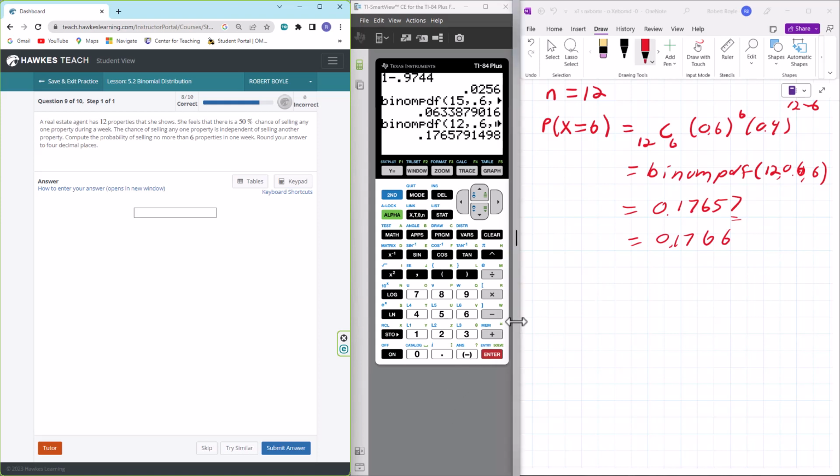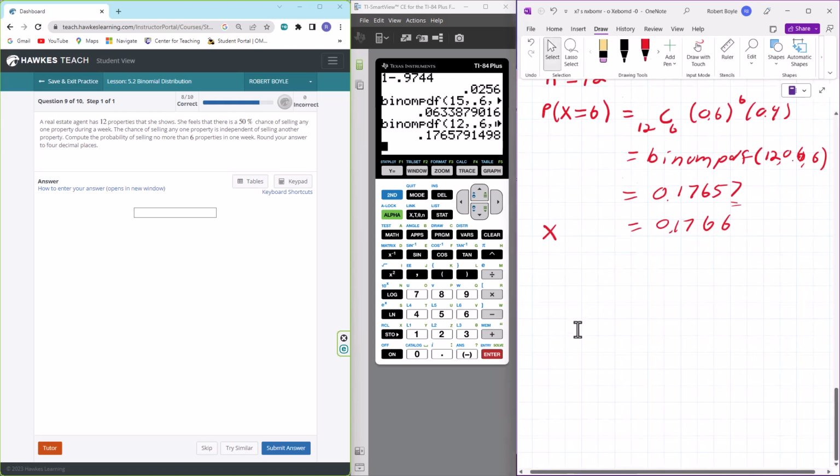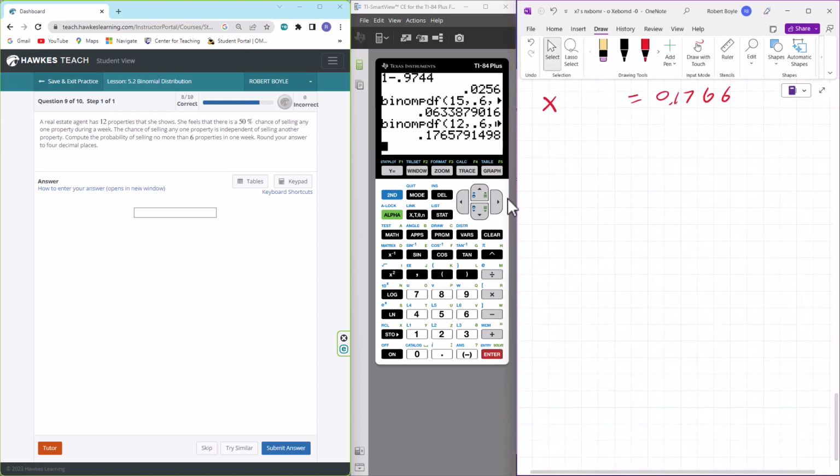Okay, so the real estate agent has 12 properties to sell. That tells us what values our random variable x can take on. It can take on the values 12, 11, 10, 9, 8, 7, 6, 5, 4, 3, 2, 1, or 0. Okay? The probability of selling a property is 50%, which as a decimal is 0.5.